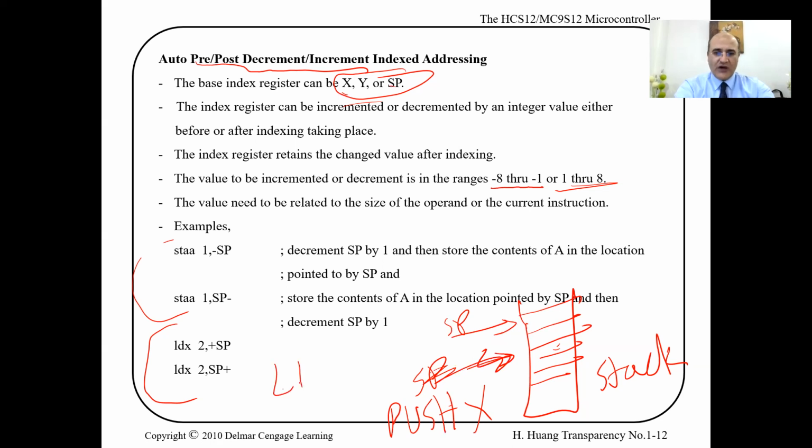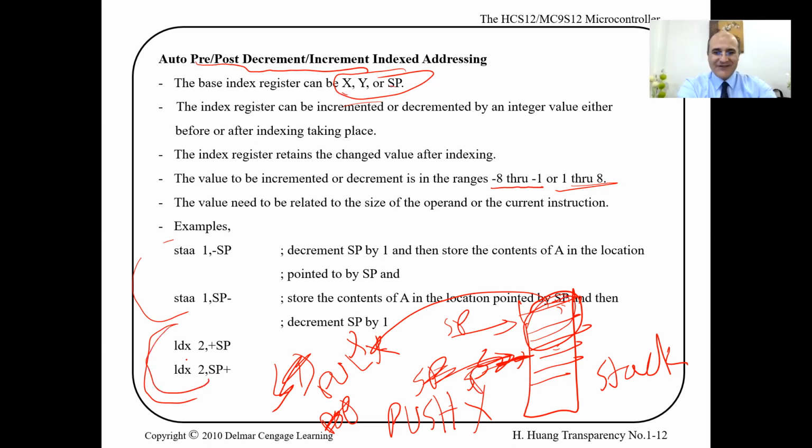Whenever you say pull, in Intel they call it pop, P-O-P, and here we say pull X. Pull X means go get whatever the stack pointer is pointing at and store it into X. After you load it, the new top of stack is not this; this is the new top of stack. The stack pointer needs to change.